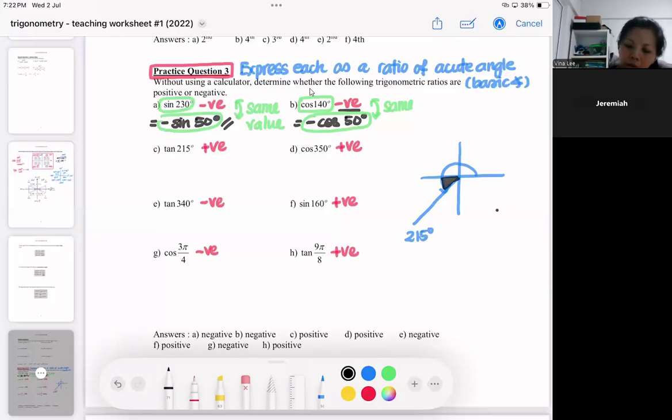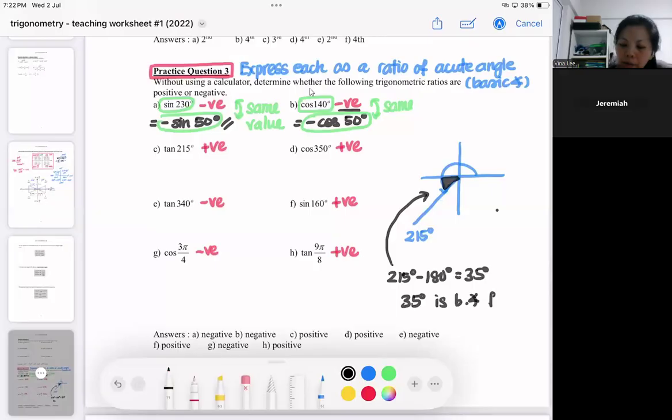If you can't do it mentally, you think about it: 215 minus 180 is 35. So 35 is the basic angle for 215. And we know that it's positive, so it's actually positive tangent 35.